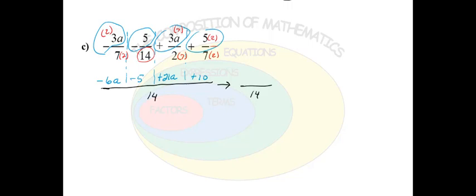Now we can simplify. We get negative 6a and 21a would be a 15a. And then negative 5 and positive 10 would be a positive 5. So again, that would be our one fraction, and we combine like terms.